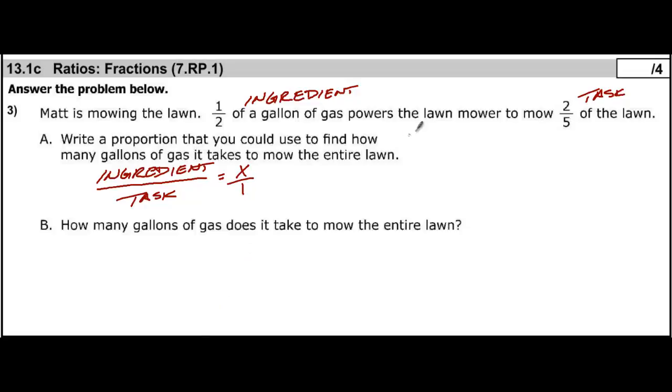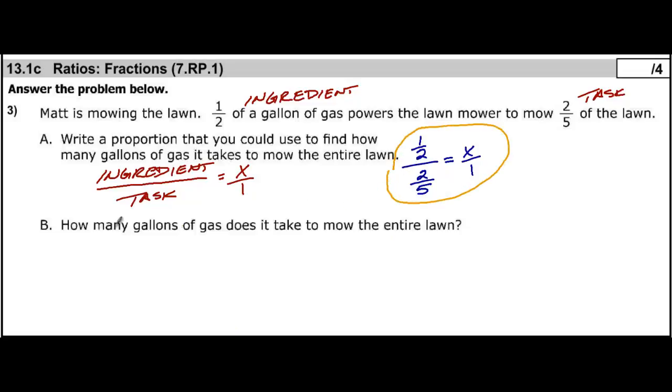So now let's take our information out of the data we were given. We have half a gallon of gas to mow 2/5 of a lawn, and we want to know how much gas to mow a full lawn. And that is our proportion. This is your answer to the first question.